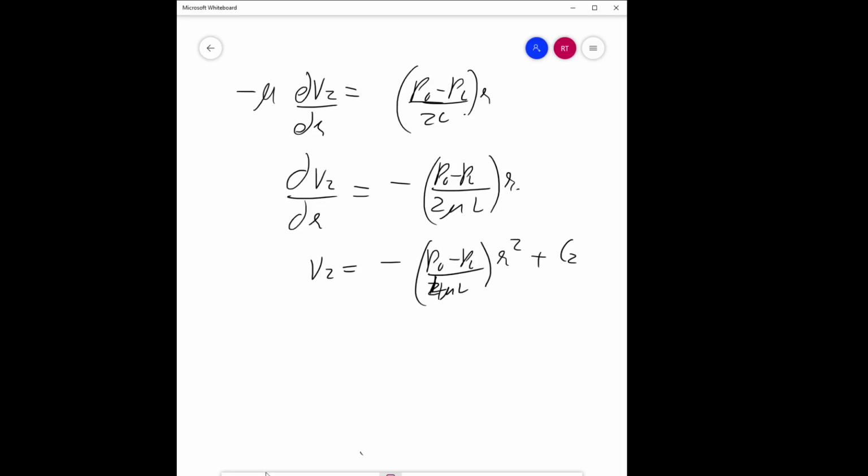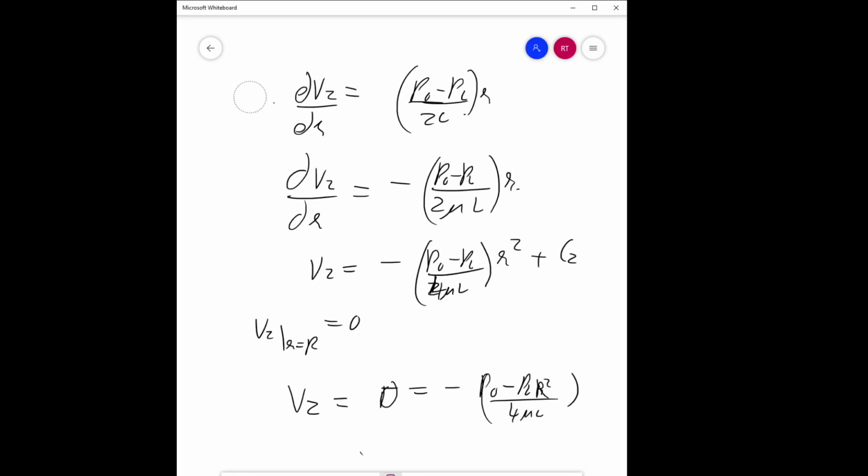Here what we do know is that Vz at r is equal to R should be equal to 0 due to the solid liquid interface and the no slip condition. So here what we can say is Vz is equal to 0, which gives (P0 minus PL) R square by 4 nu L. So now you have the value for C2.